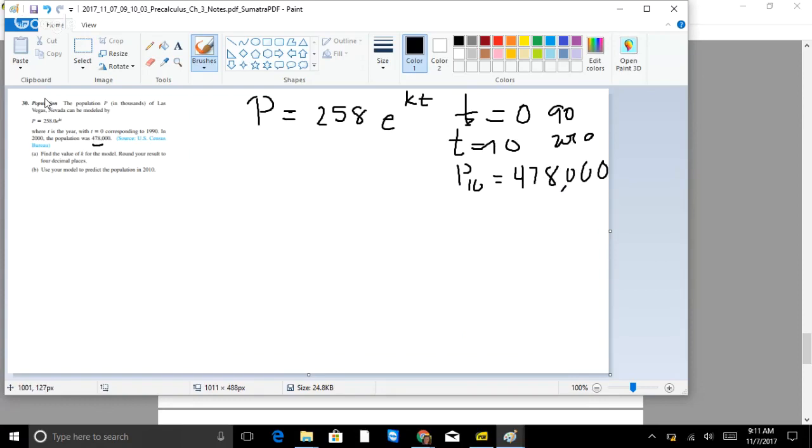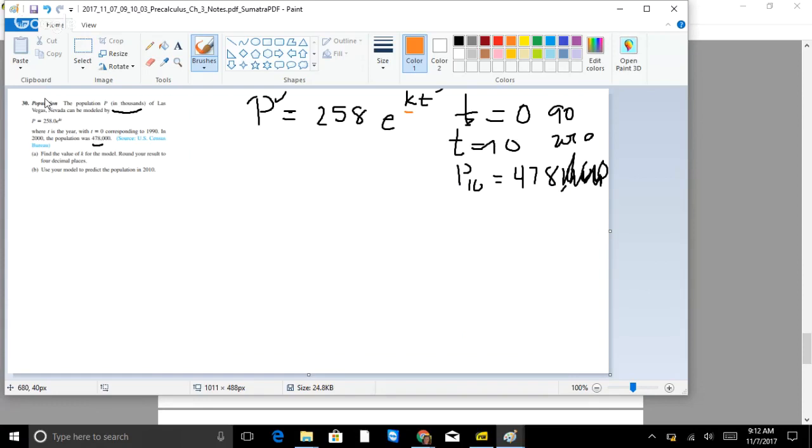Okay. One thing that you have to note, though, is that the population P is modeled in thousands. So we actually will take off our thousands portion and we'll say the population is 478 because it's modeled in thousands. So we have the population at a certain time, and using that, we should be able to figure out our value of k.